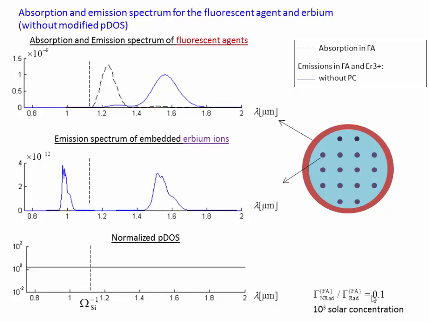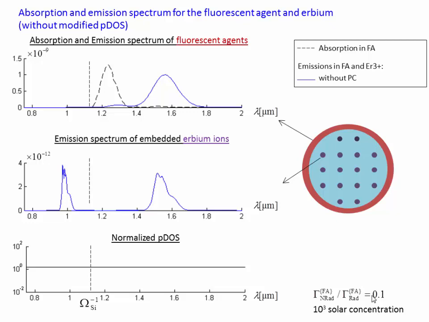Once we fix the parameters for the optimized fluorescent agent, we can examine how it performs in the simulation. Here the dot-dash line is the absorption spectrum for the fluorescent agents, and the solid line is the emission spectrum.